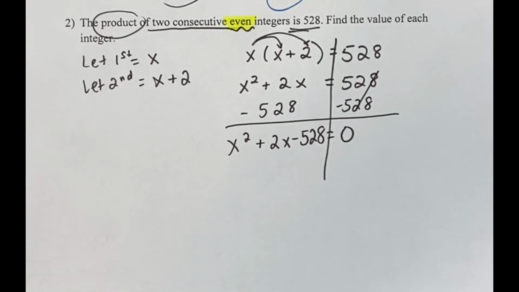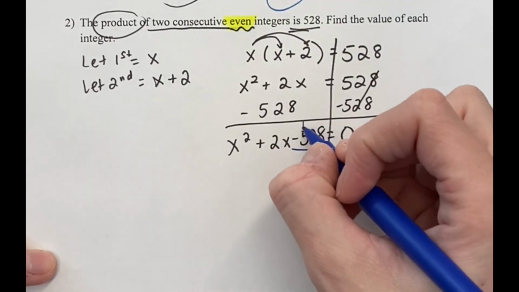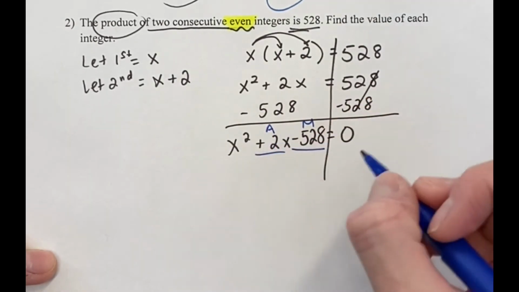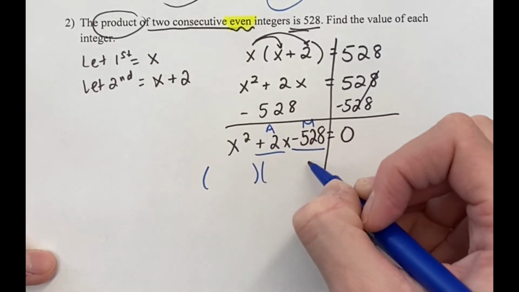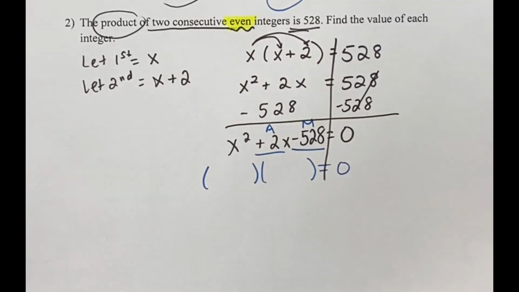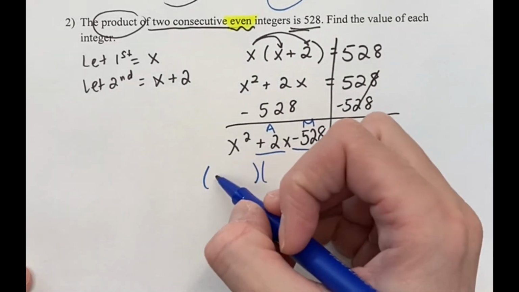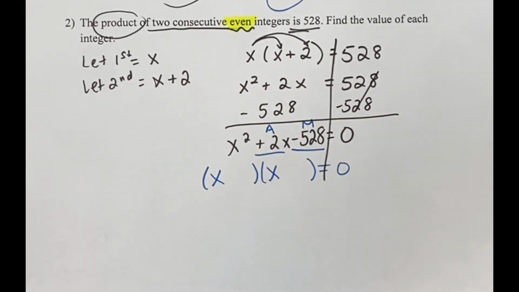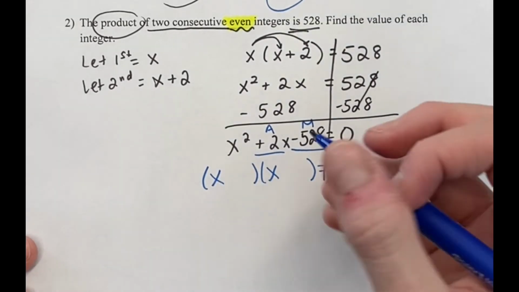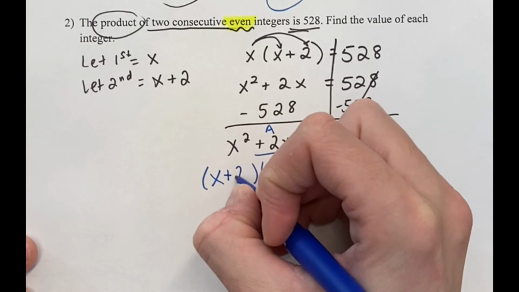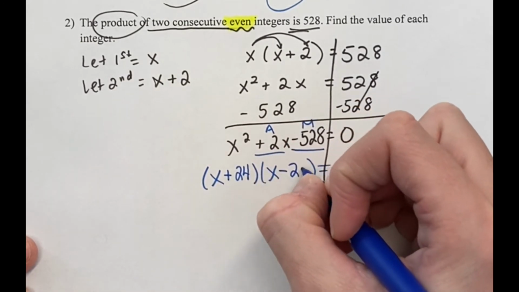I need to find what multiplies to give me negative 528 and what adds to give me a positive 2. So I set up my parentheses, and then we have the x, and we need to figure out what our factors are. So take a second and pause this video and try to solve for our factors. We solve, we get a positive 24 and a negative 22.